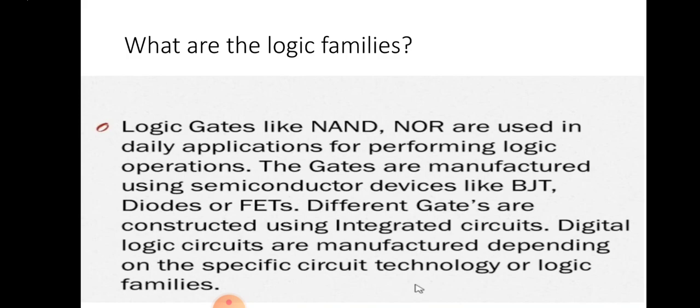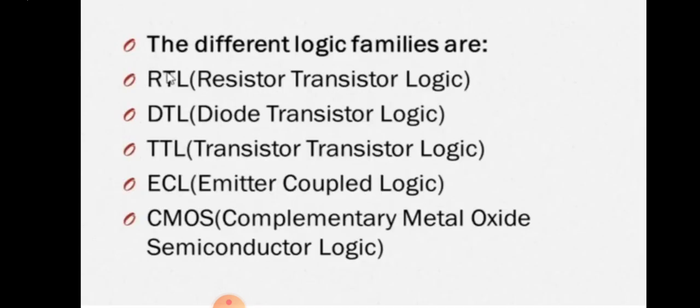Now we will move ahead and we will see what are the different types of logic families. The different logic families are RTL, which is also called resistor transistor logic, DTL, that is diode transistor logic, the third one is TTL, that is transistor transistor logic, then the ECL, which is emitter coupled logic, then the CMOS, which is complementary metal oxide semiconductor logic.